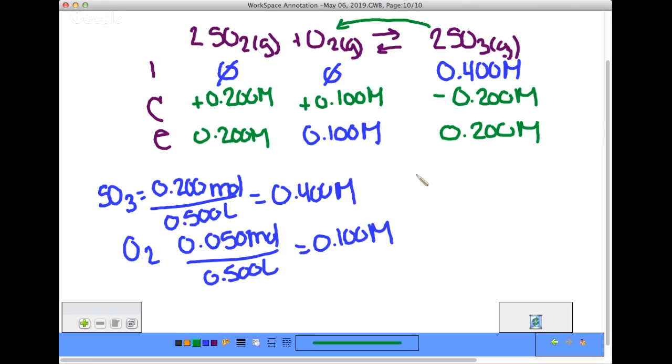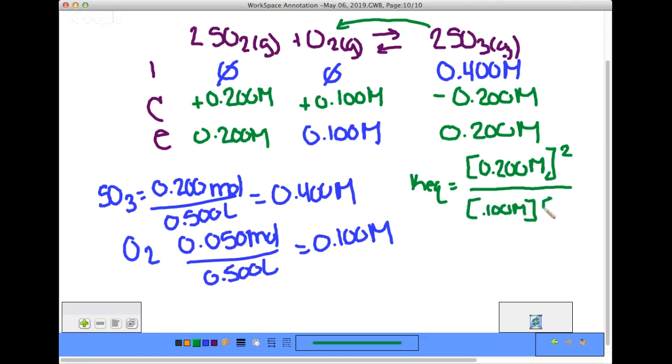So KEQ is going to be our products, which is 0.200 molar squared, divided by our reactants, which is 0.100 molar, which is our oxygen, times 0.200 molar squared.